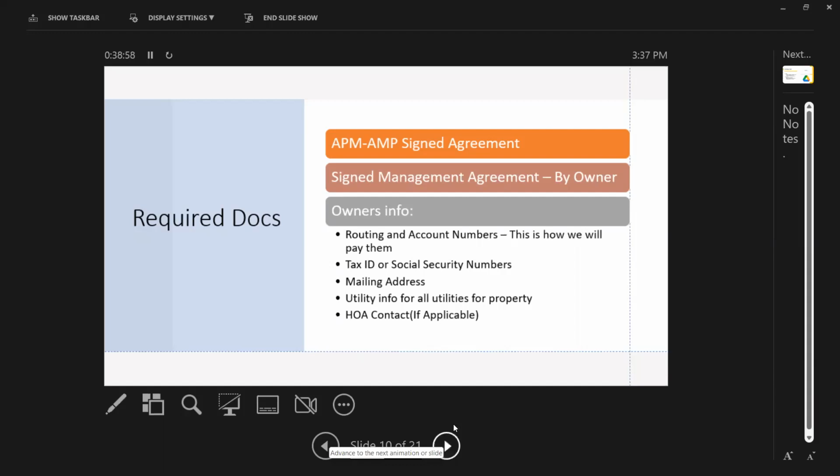Let's say you have a disabled person. A lot of properties aren't handicap friendly. Now, if they want to get the property, are you required to change things in the property? It's a gray area.